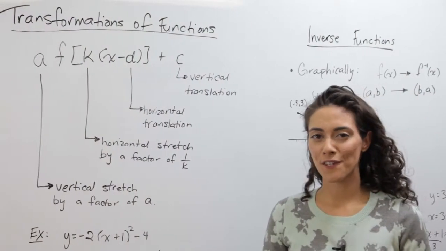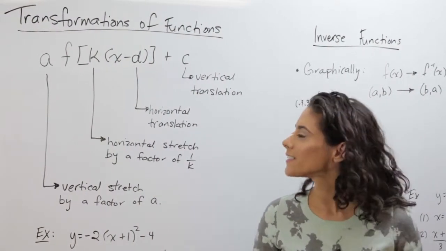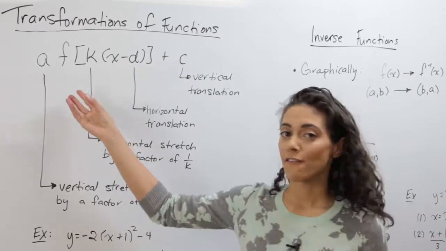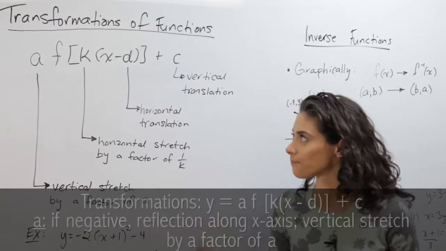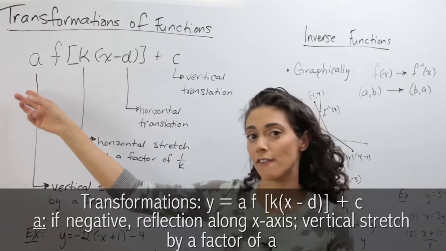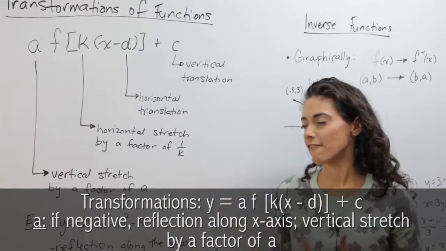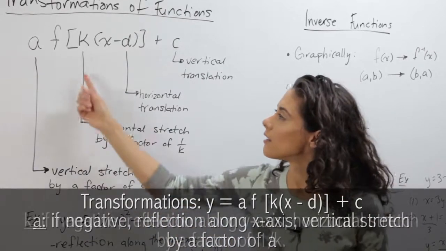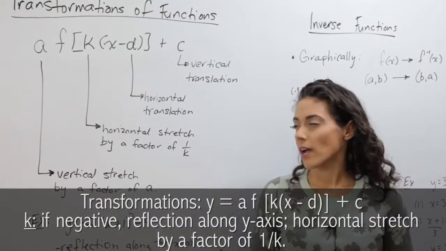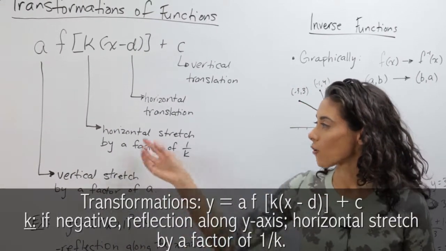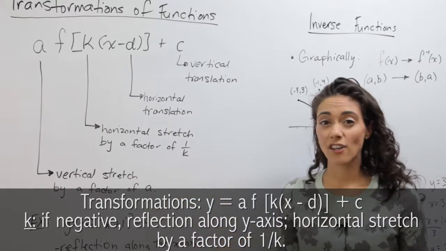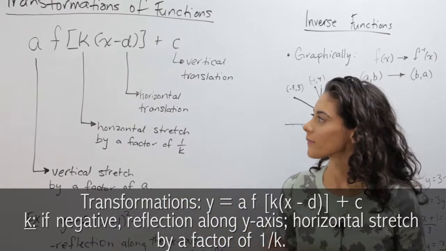Well, let's talk about transformations of functions. This should also be reviewed, hopefully. We can take any function f and transform it in the following ways. Some a value put in front of the function results in a vertical stretch of the entire function by a factor of a. Some k value inside the brackets there will result in a horizontal stretch of your function by a factor of 1 over k.